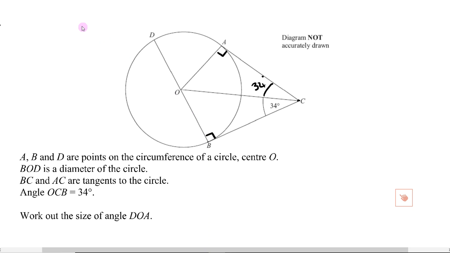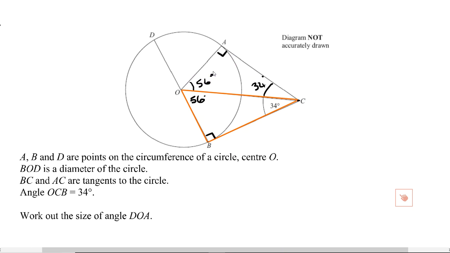A lot of people don't spot these things, but I'm sure you have. This is a right-angled triangle. Therefore, we've got 90, 34 and 56 degrees because the three add up to 180. We know this triangle's the same, so this is also 56 degrees.